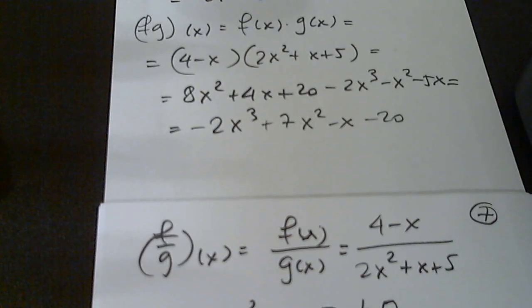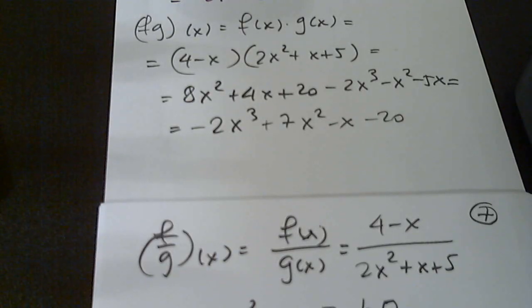So I'm going to use the polynomial feature in the calculator. We go to apps and then 9 and then polynomial root finder, and yes, this is second degree. Leading coefficient is 2, middle coefficient is 1, and the free term is 5.